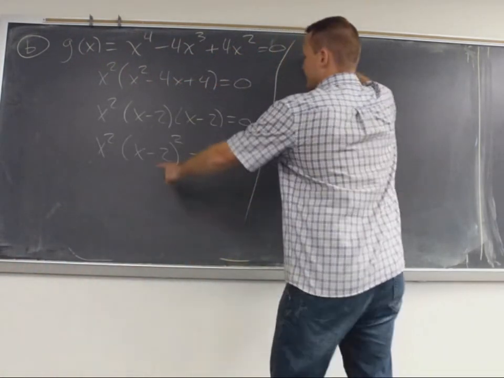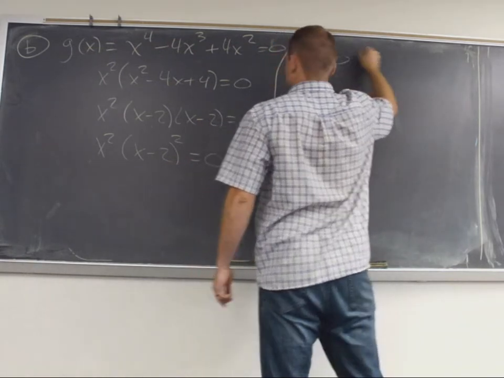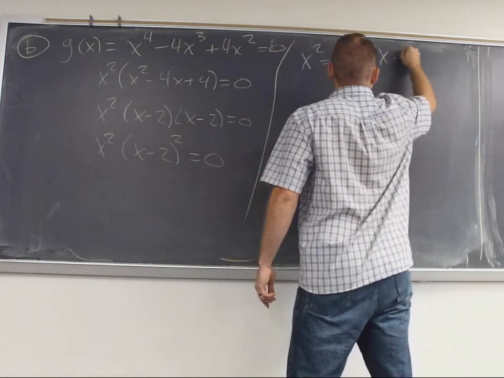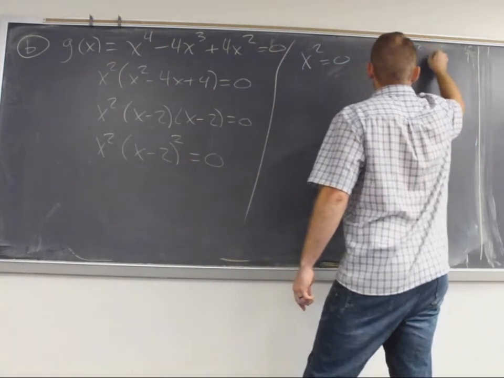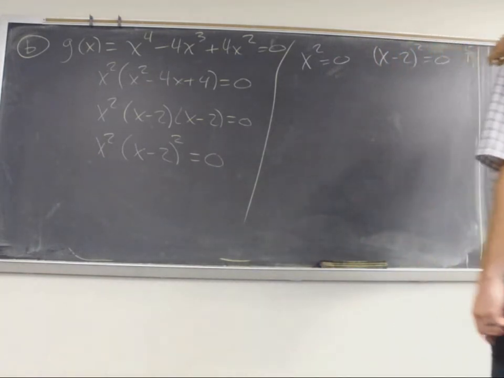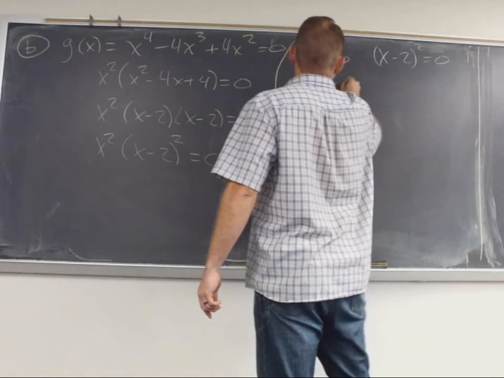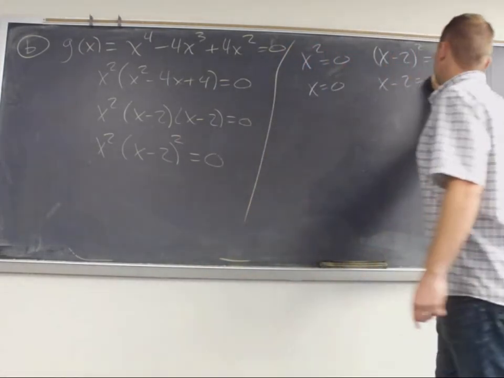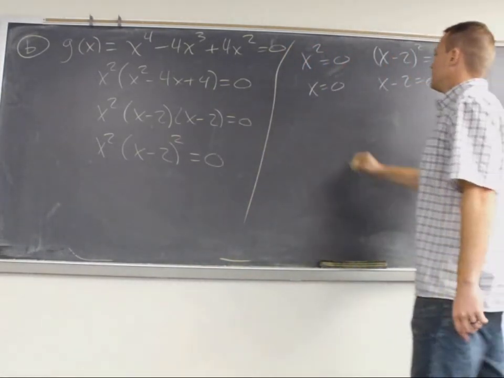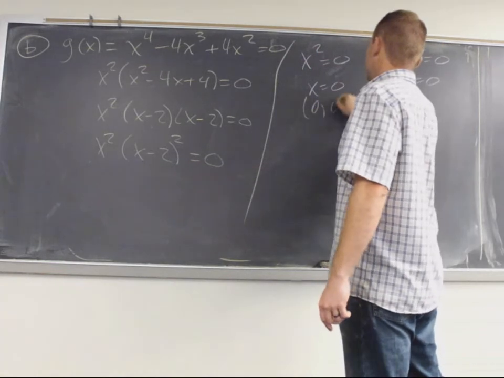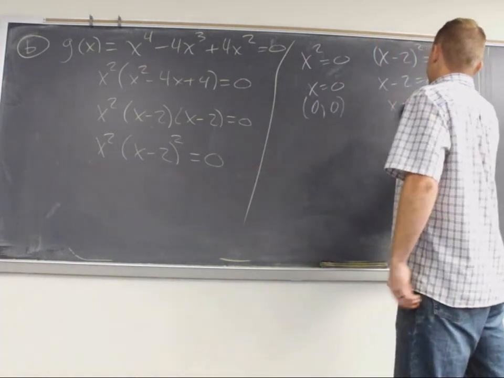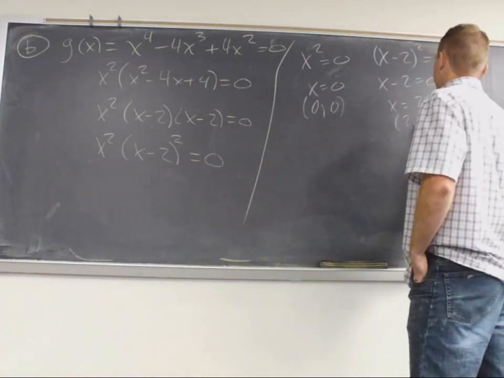So I get x squared is equal to 0, and x minus 2 squared is equal to 0. So here, x is equal to 0, x minus 2 is equal to 0. So this gives me a point of 0, 0. And this tells me x is equal to 2, so I get 2 comma 0.